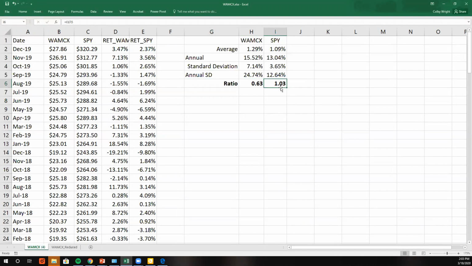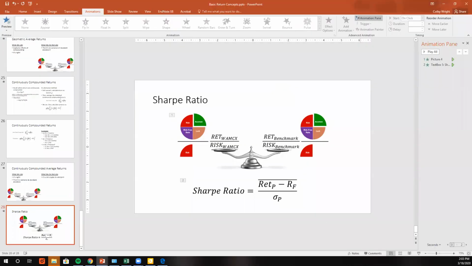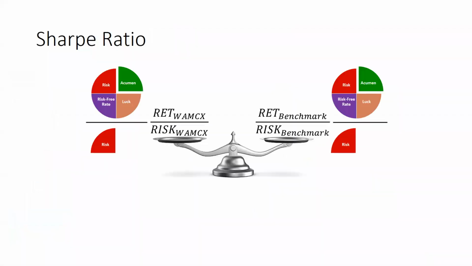What does that tell us? If we were trying to actually do a decomposition, one preliminary conclusion we would come to is that a much higher fraction of these total returns to WAMCX are coming from risk, not necessarily investor acumen.